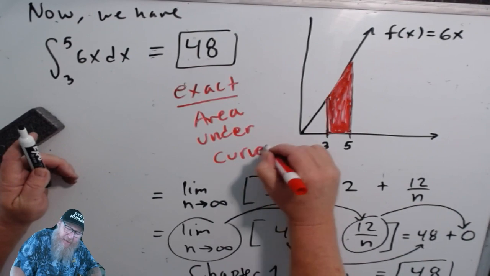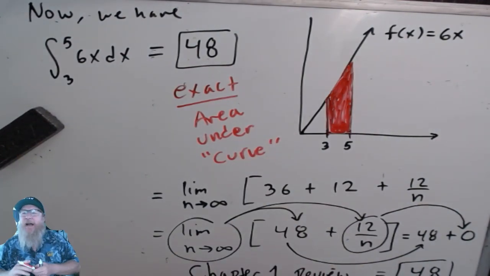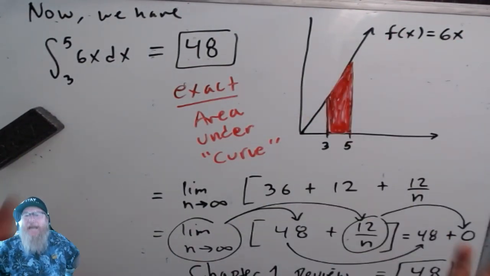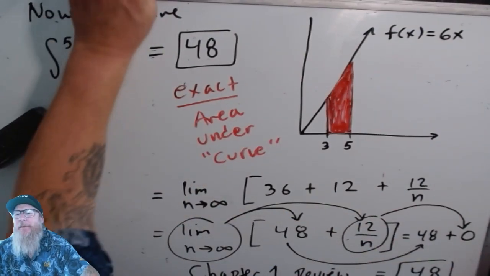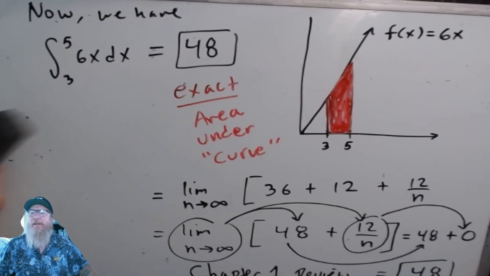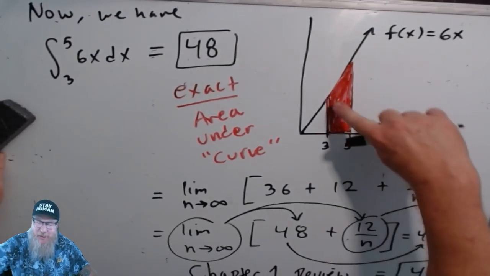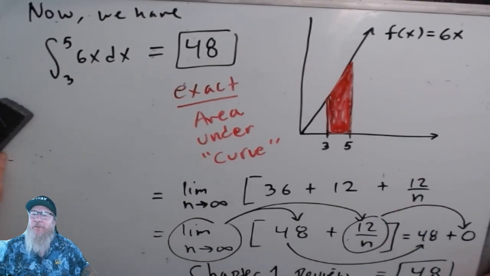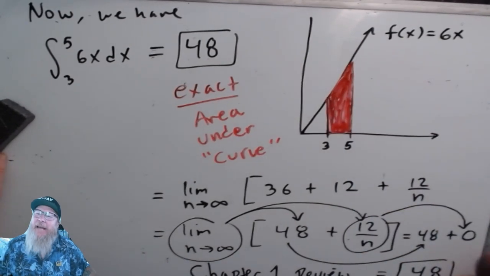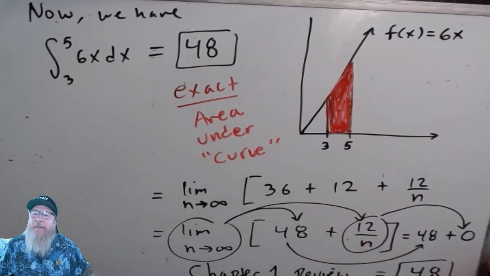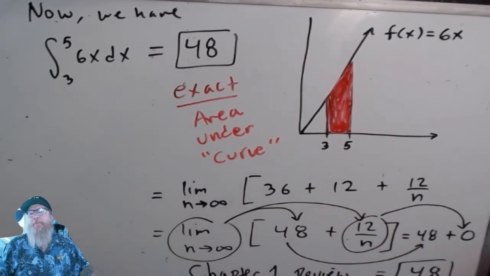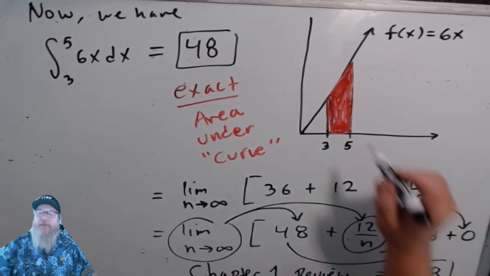And again, we call it a curve even when it's a line. It's a linear curve, which is also known as a straight line. Although my line's not very straight, but you get the idea. There are infinitely many rectangles in there, so you don't even have the little roofs, little steps. There are no more steps. It's been smoothed out, and it's now the exact area under the curve.